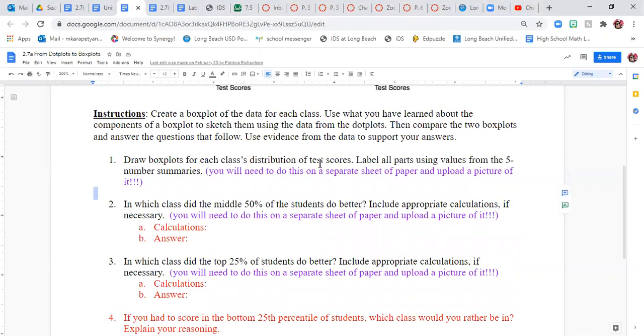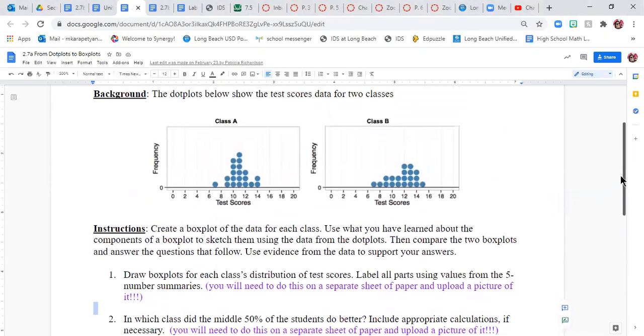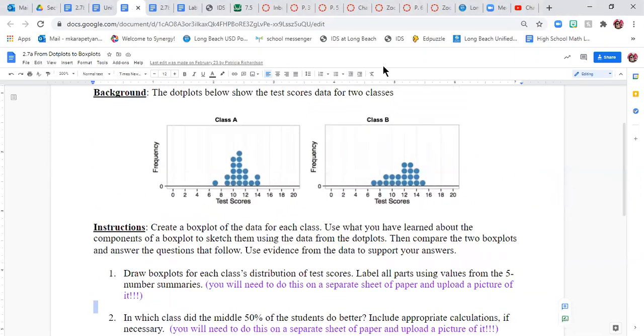So first things first, you're going to draw a box plot for each of the classes. Class A, I'm going to help you out with. From this dot plot, we want to get our 5-number summary, because in order to create a box plot, we need our minimum, our Q1, our median, our Q3, and our maximum.